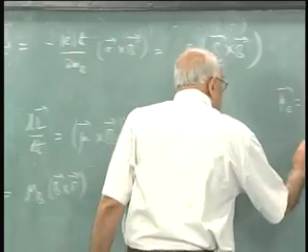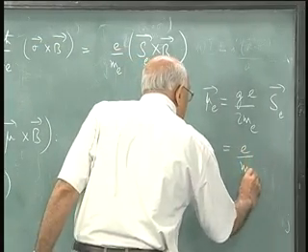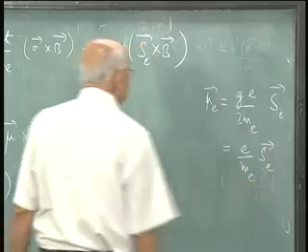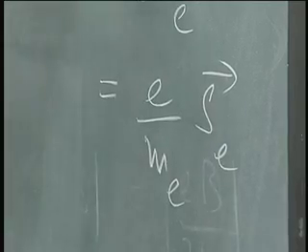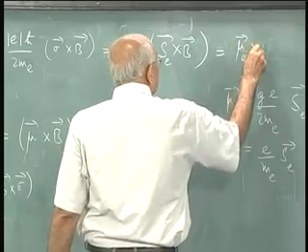So this was exactly equal to e over m_e S. So in fact you could write this as mu cross B.